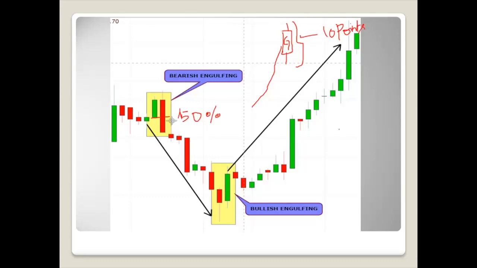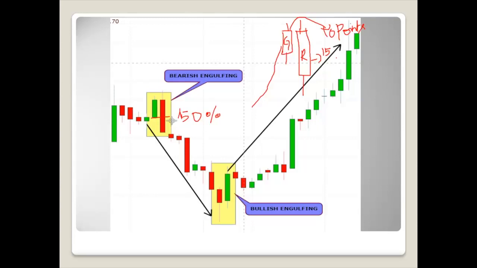Now, the second bearish engulfing candle should be 150 times bigger than the previous candle. The green candle is 10 points, so 150 times bigger means it should be 15 points minimum. Only if it is 15 points is this considered an engulfing candle.